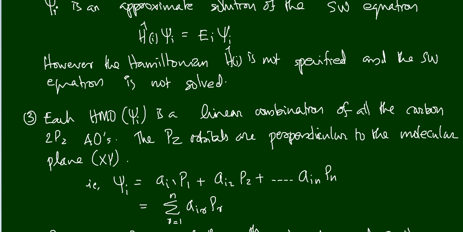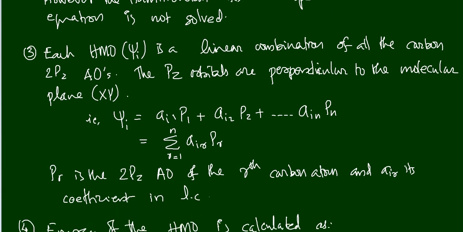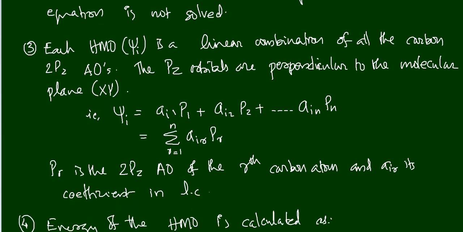So each Hückel molecular orbital is constructed by the linear combination of the p atomic orbitals of the carbon. So any Hückel molecular orbital psi I can be written as A_I1 P1 plus A_I2 P2 plus A_IN PN, or you can write it as the sum over r equal to 1 to n of A_Ir Pr. Here the Pr is the 2pz atomic orbital of the rth carbon atom, and the A_Ir is the coefficient in the linear combination.